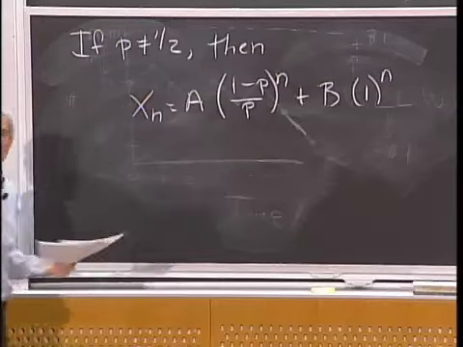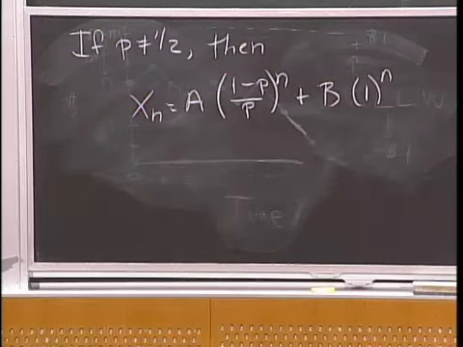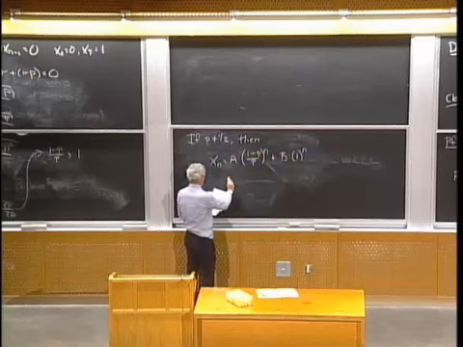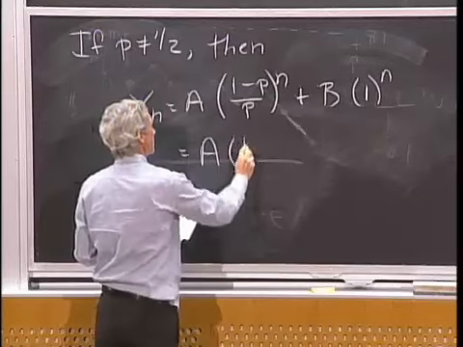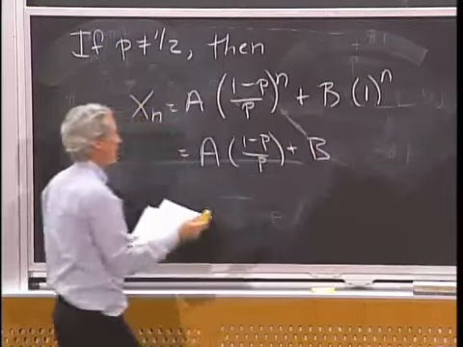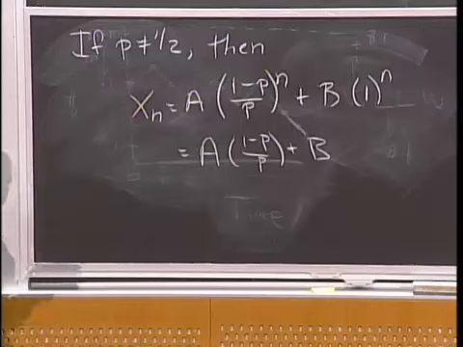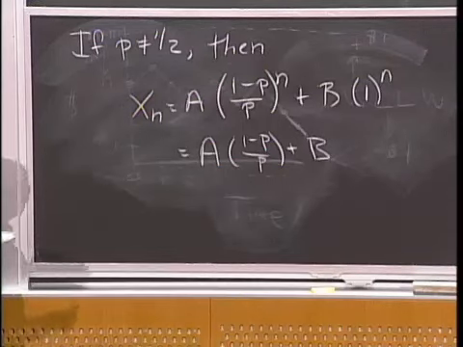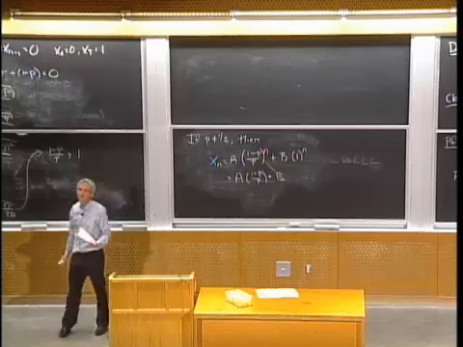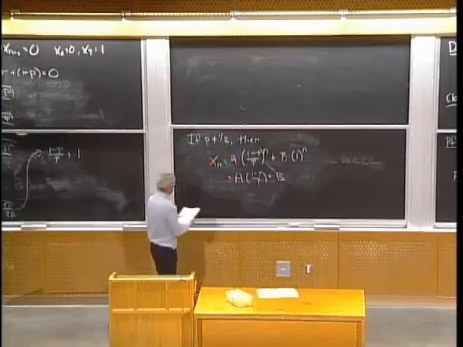Remember, that's how it works for any linear homogeneous recurrence. And that's easy because the second root was 1. This is just plus B. 1 to the n is 1. How do I figure out what A and B are? Boundary conditions. Very good.